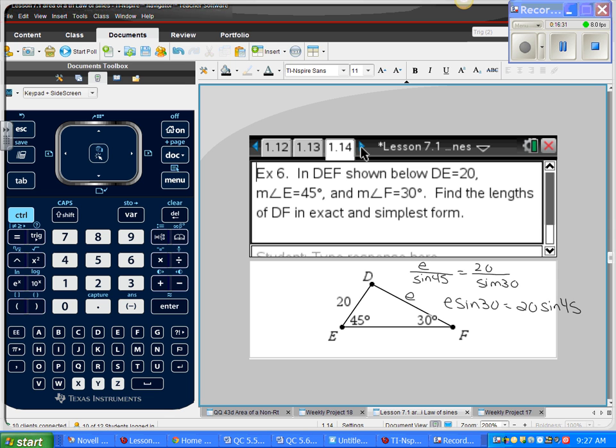What's sine of 30? A half. So this is 1/2 e equals 20 times sine of 45. What's sine of 45? Radical 2 over 2. Okay. How do I get rid of the half? Yeah, multiply both sides by 2. What happens? Yeah, my 2's simplify. And I'm left with e equals 20 radical 2.